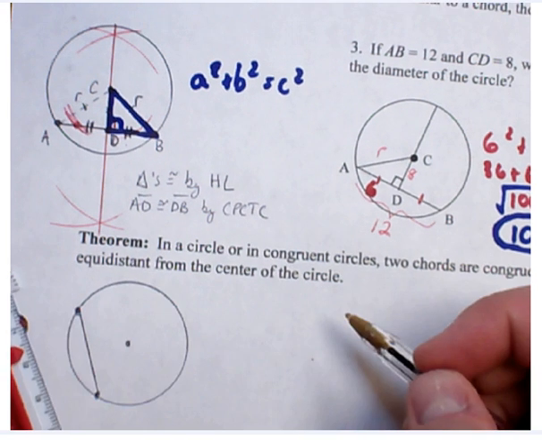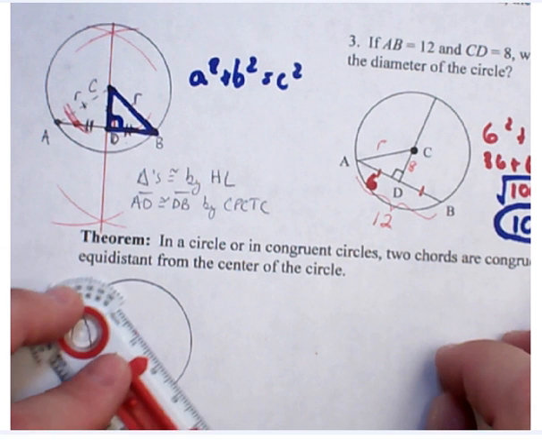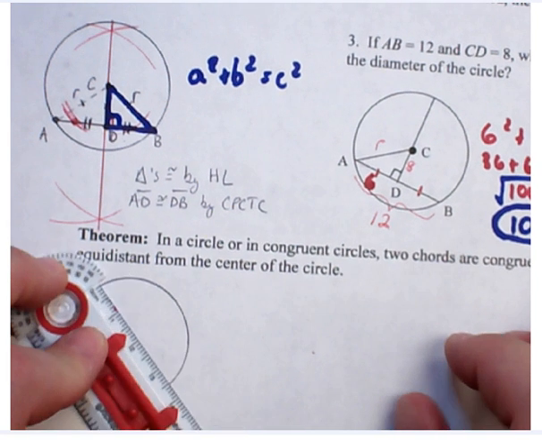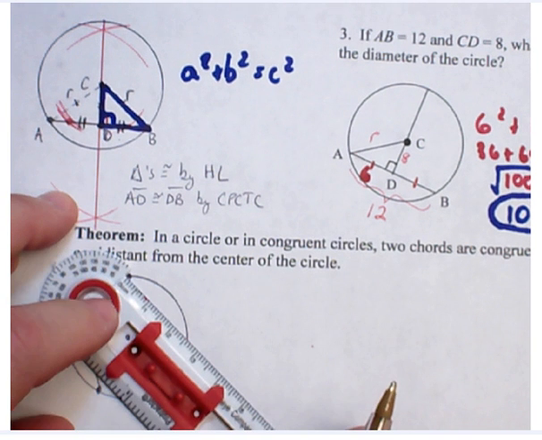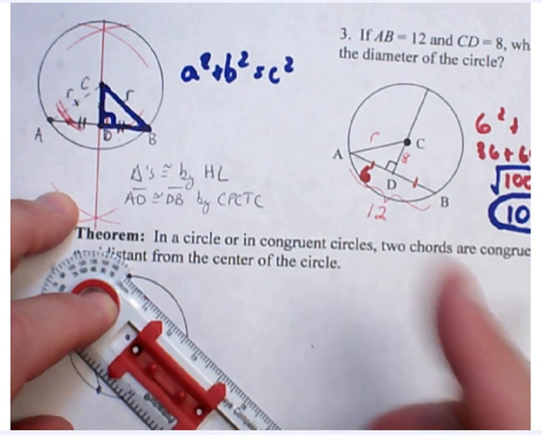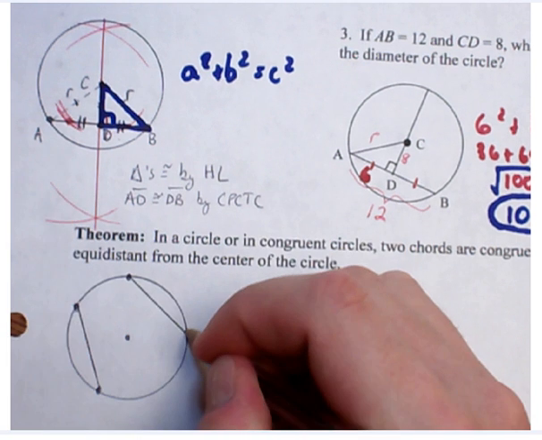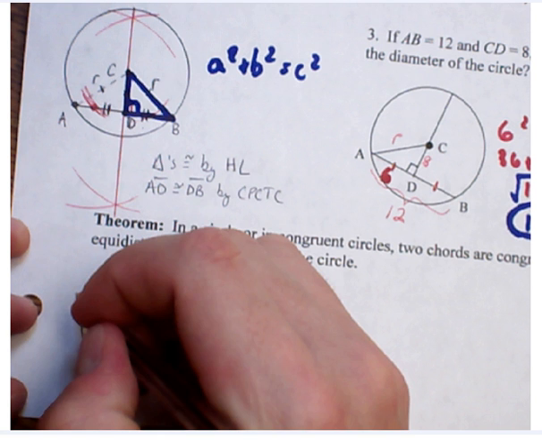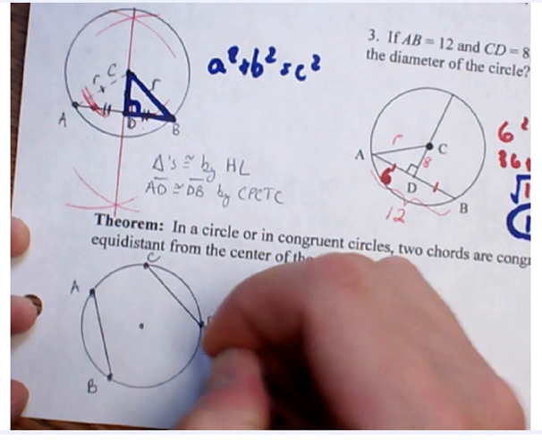So there's a chord. And then I'm going to draw the same chord somewhere else. Let me do it up here. Let me pick another point. So there's a point. And let's make the chord 2.5 right about there. Okay, so there's AB. Let's call this CD.